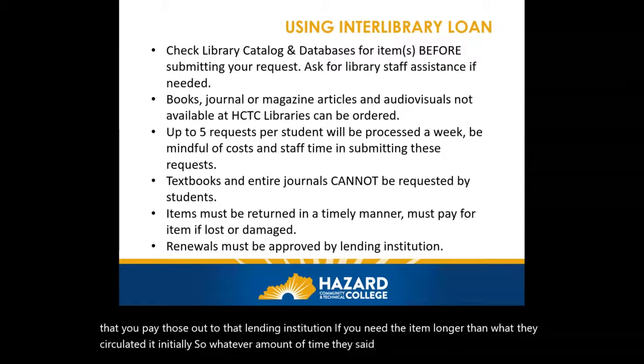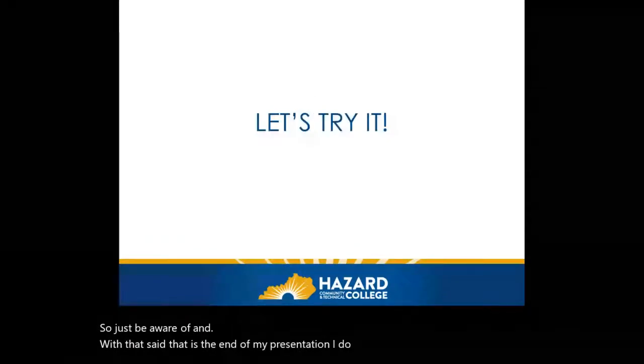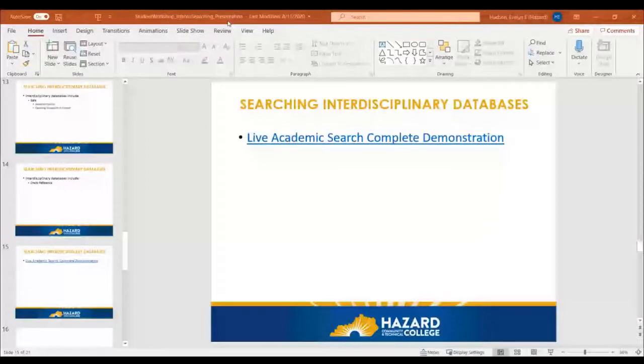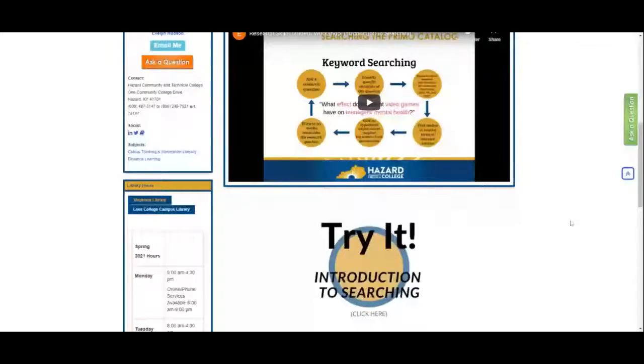I do encourage you to go and do the active learning activity that follows this on that LibGuide, the Let's Try It activity. And I will show you again where to find that. On that LibGuide page, again, you've got the pretest as the first, and then this will be the video recording of this presentation.